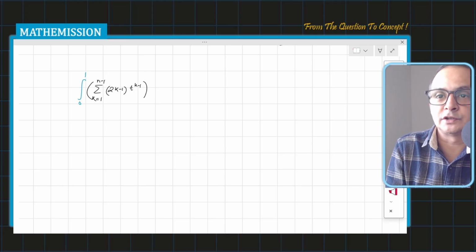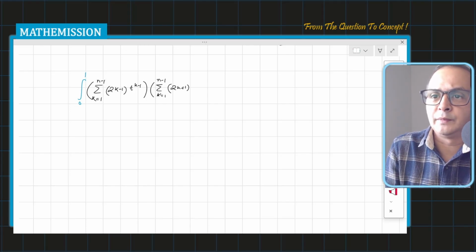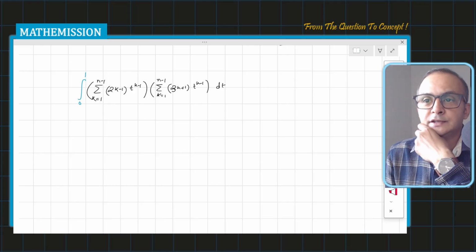This is the first summation. And if they give you k is equal to 1 to n minus 1, and that is, let's say, 2k plus 1, or maybe 3k plus 1, a little bit more complicated, 3k and t to the power k minus 1. And then they ask you to find this summation or the integration.